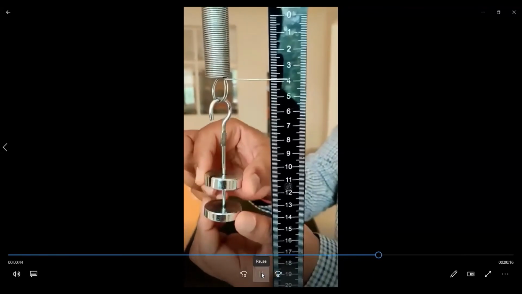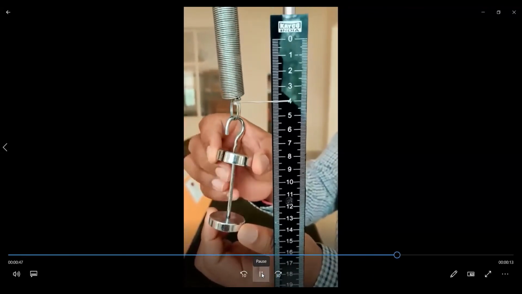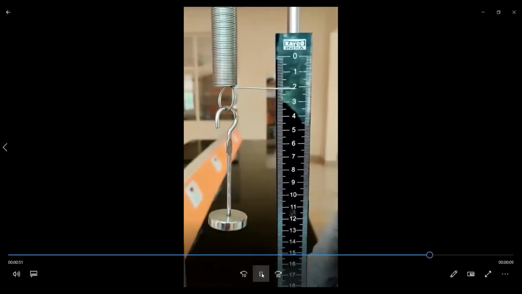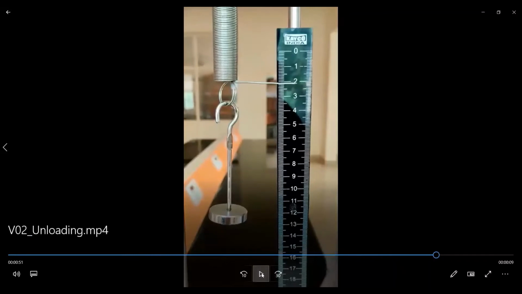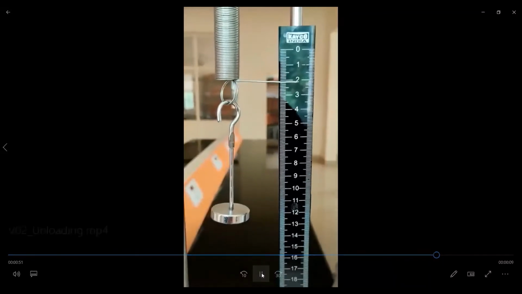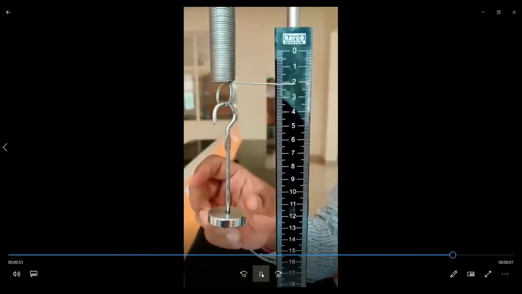Extension for 100 gram force. Extension for 50 gram force. The pointer is now back to 0, and this completes the loading and unloading cycle.